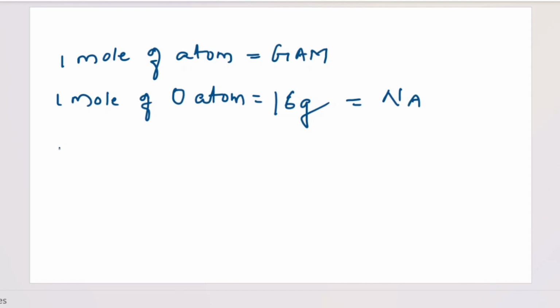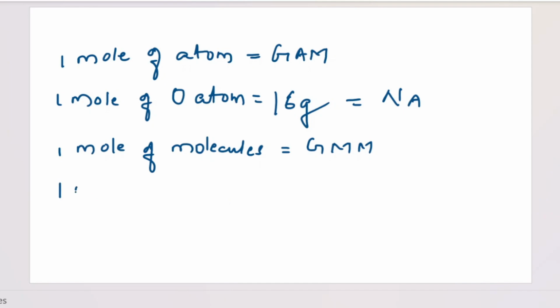Similarly, 1 mole of molecules is equal to its gram molecular mass. Molecular mass expressed in grams is known as gram molecular mass.